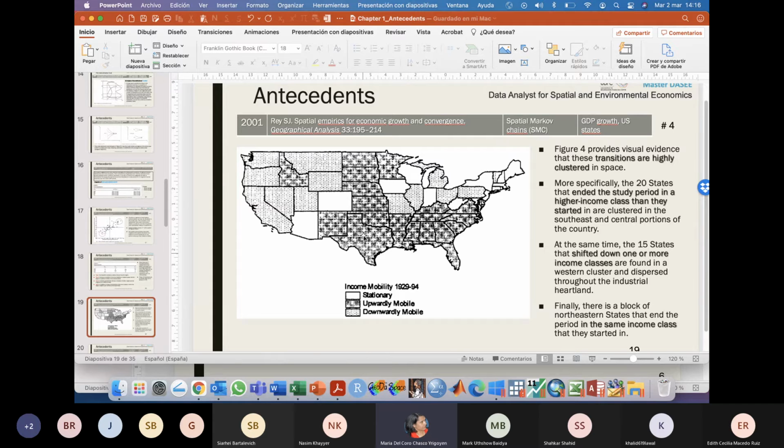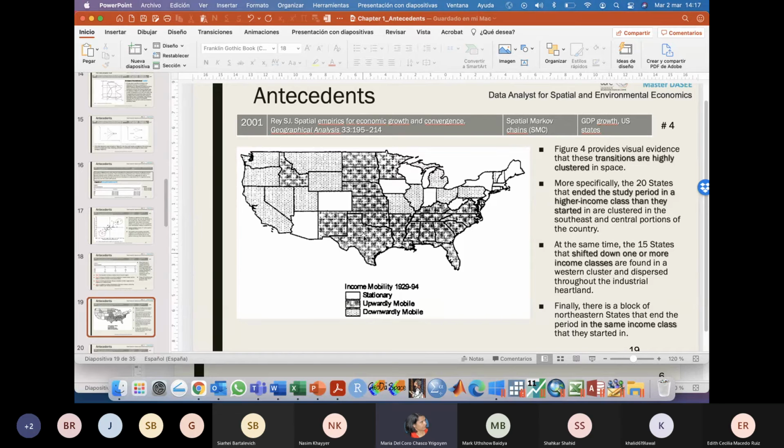The ones that went downwardly started higher in 1929 and ended up lower in 1994, and states that remained in the same position. And what we see is that the representation of these colors is clustered. This is what he found: the way that states move is clustered in space.